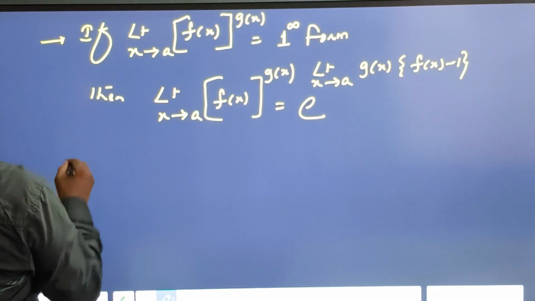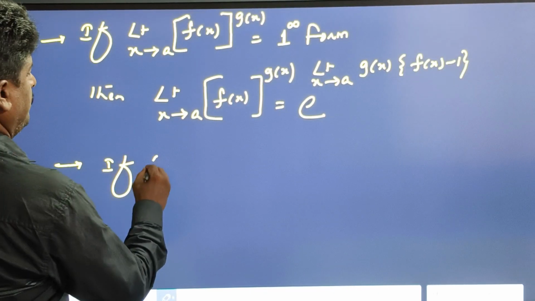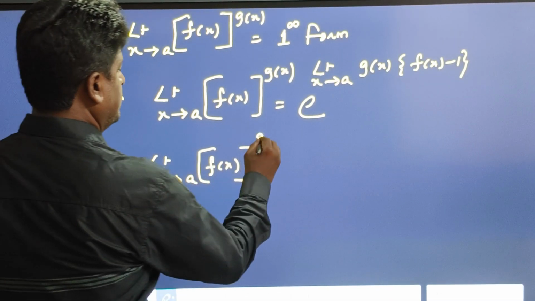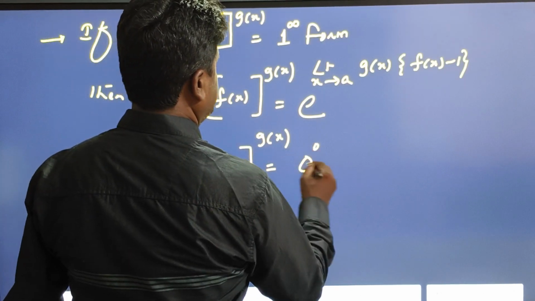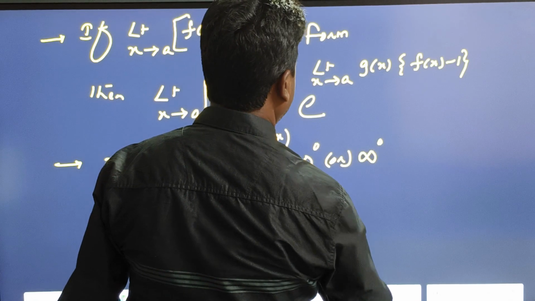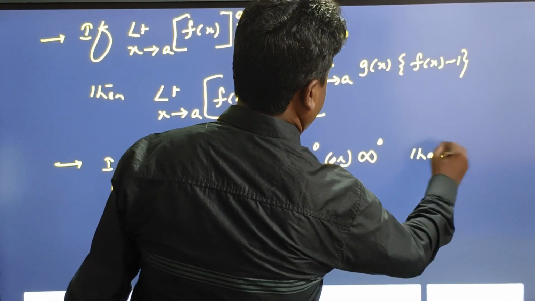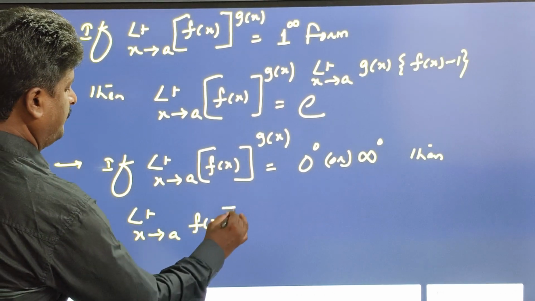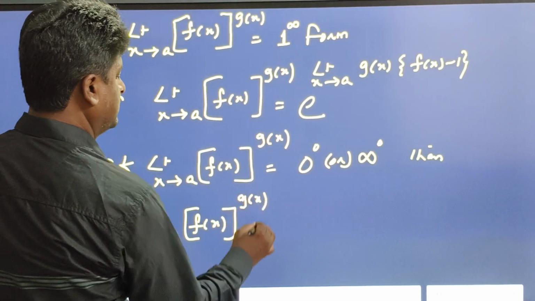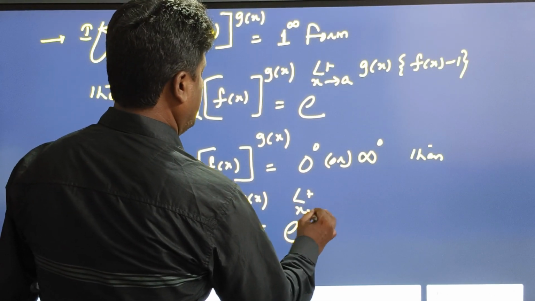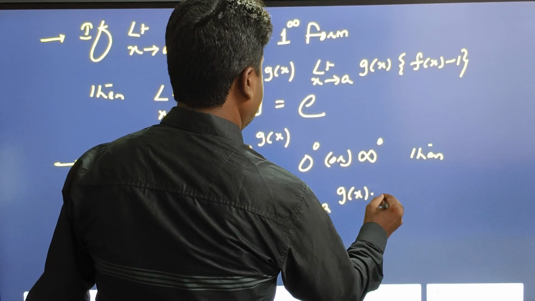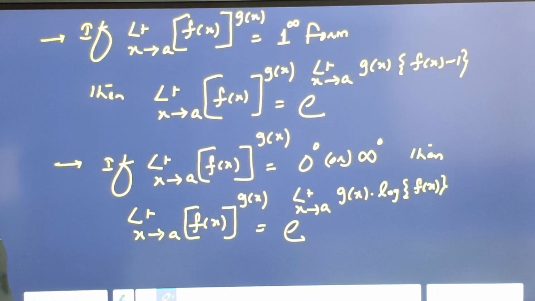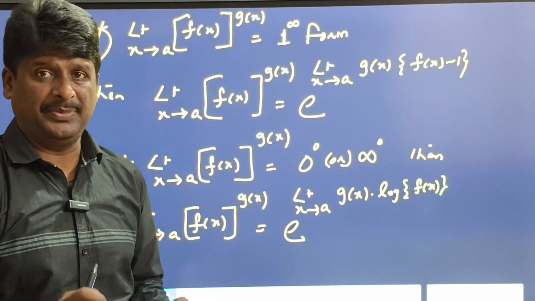Next, if limit x tends to a, f of x whole to the power g of x, is equal to 0 power 0 or infinity power 0, then limit x tends to a, f of x power g of x, is equal to e power limit x tends to a, g of x into log f of x. Okay. So these are the models in limits.